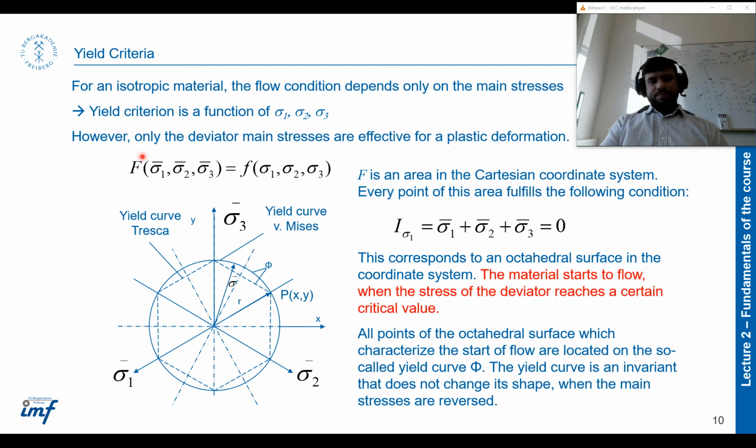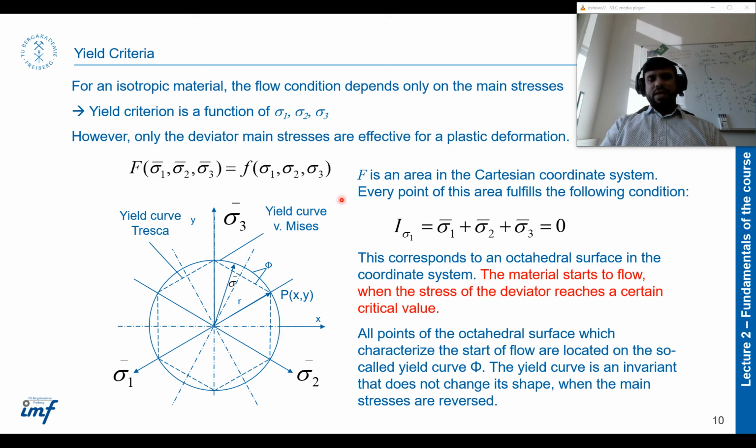However, only the deviatoric stresses are effective for plastic deformation. So when the deviatoric stress is higher than this yield surface, only then will the material start to plastically deform.